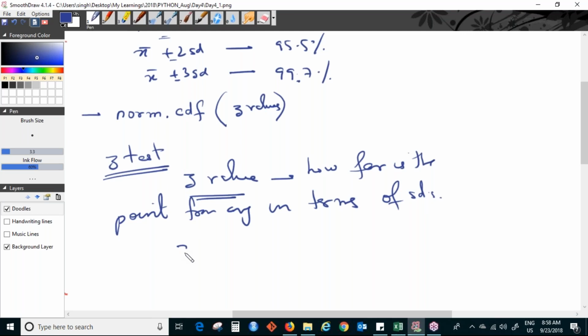Okay, how do you find this? You find the z value using this formula: xi minus x bar, divided by the standard deviation. Whatever point the question refers to, you take that as xi, this is your average, and of course this is your standard deviation. Then you get the z value. You put the z value here and you get the proportion of data below the point.